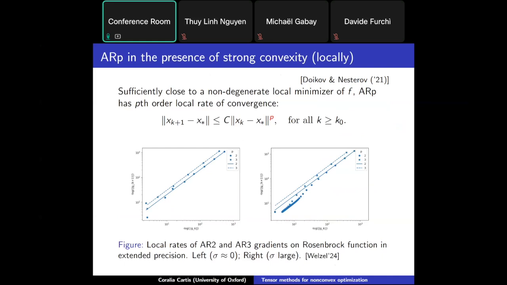We show that the behavior of the methods aligns very well with having third order rates, compared to p equals 2 with Newton, which is second order, the quadratic rates. Of course, these high rates, you won't see numerically unless maybe you have extended precision or something like that, but this is provable.